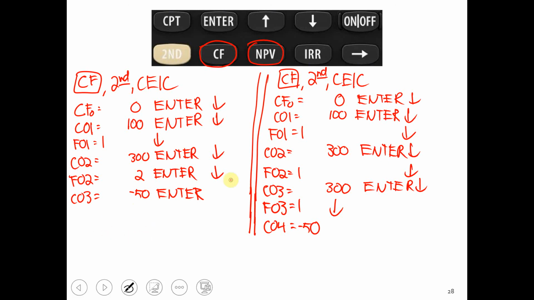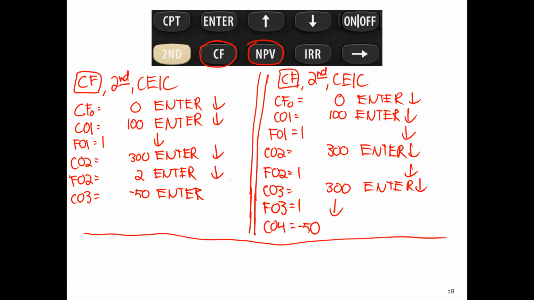So once you get through entering those cash flows into the cash flow worksheet, the next step was to hit your NPV key. Once you hit your NPV key, I equals shows up on the screen. You want to enter 10 and hit enter. Then scroll down, you hit your compute button.